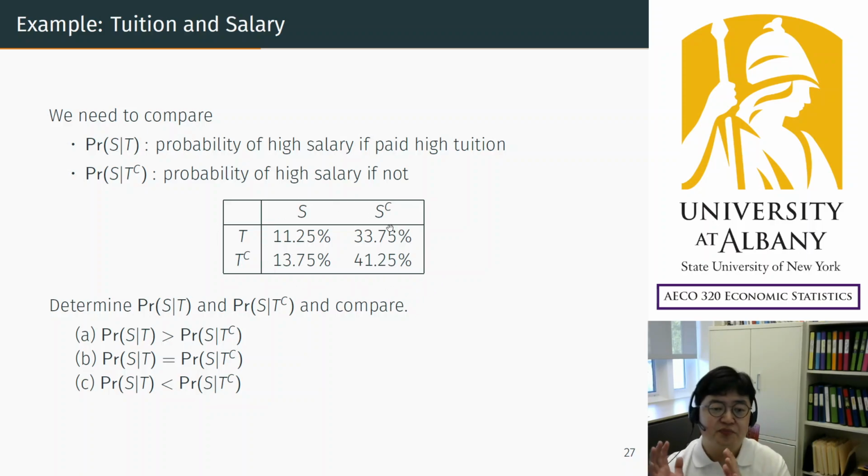Okay, you get it? Now I'm not going to ask you how to calculate each of the conditional probabilities. You do that. Calculate those conditional probabilities and determine what is the inequality between them. How do you compare those two conditional probabilities? You need algebra. So pause the video here and try to calculate this.